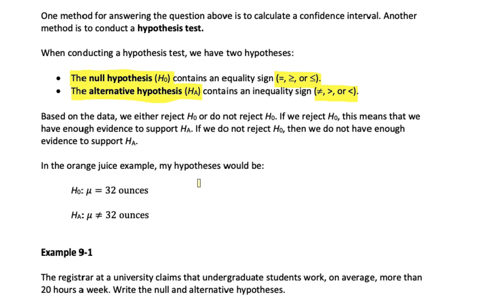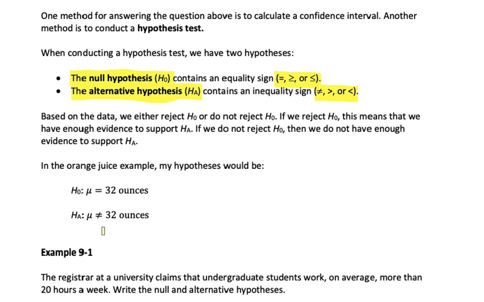So in my orange juice example, my hypotheses would be these. My alternative hypothesis is that the mean amount of orange juice is not 32 ounces. So I'm questioning whether the machine is working properly, if it's actually putting 32 ounces in each bottle of orange juice. My null hypothesis is always the opposite of the alternative.